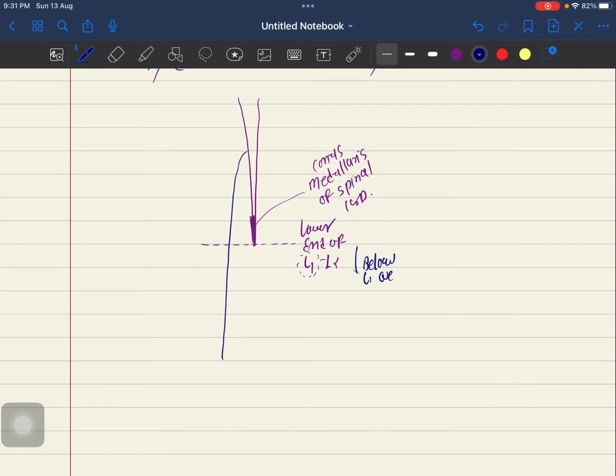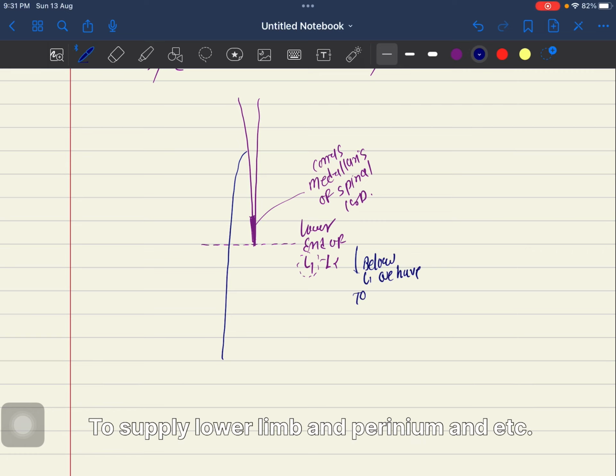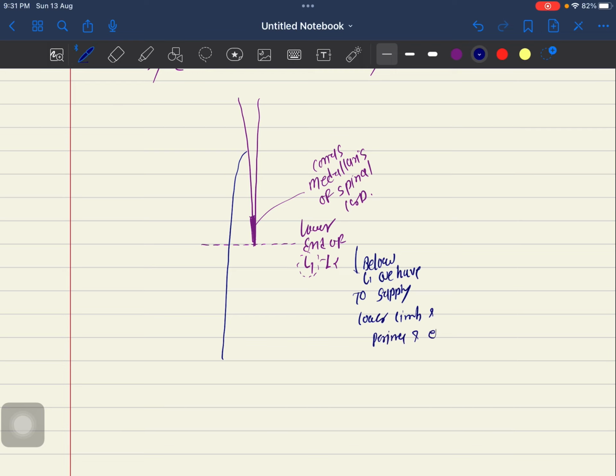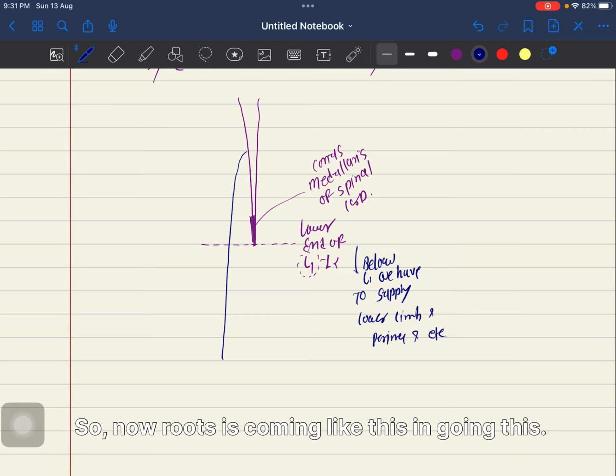From there we have nerve roots coming out, because below L1 we have to supply the lower limb and perineum and so on. Okay, so now the roots are coming like this and going this way.